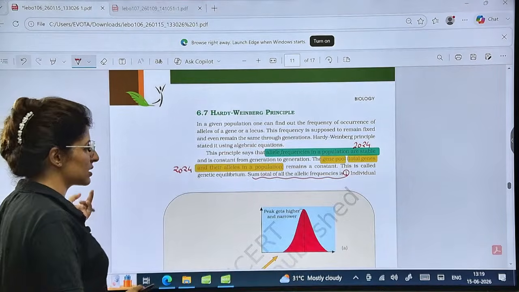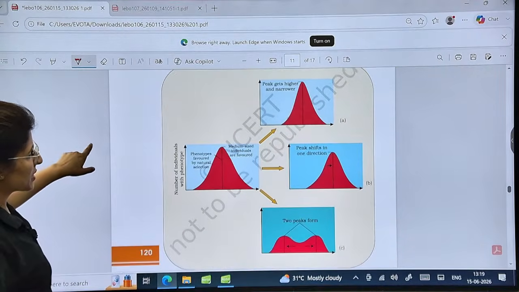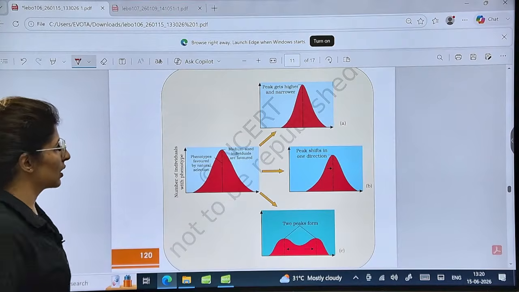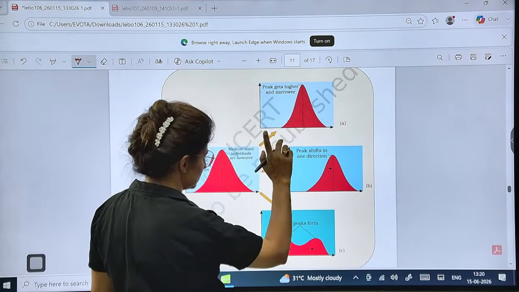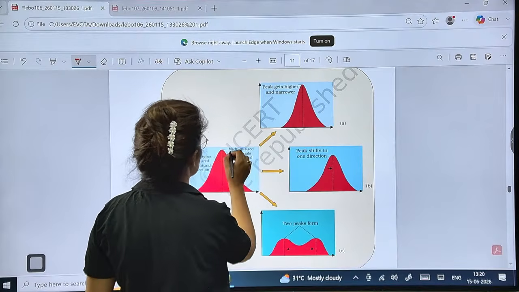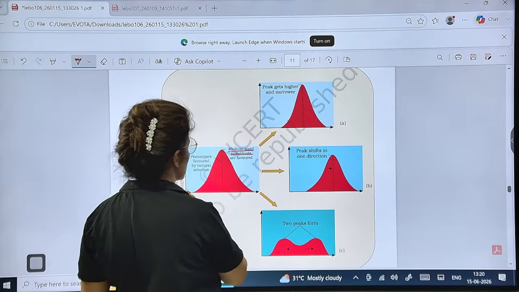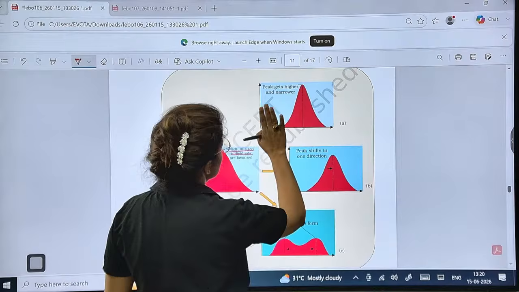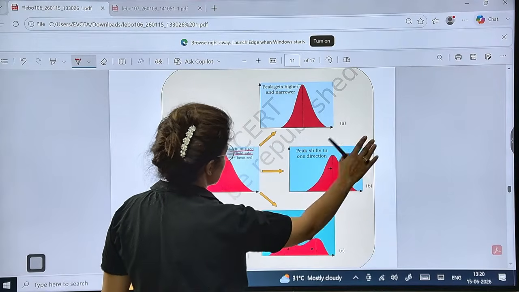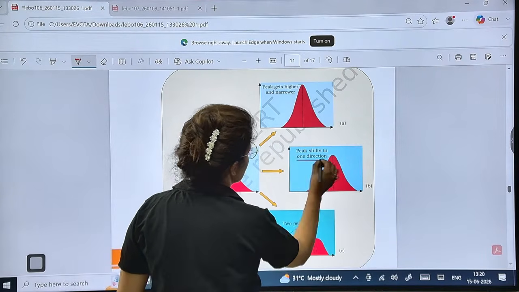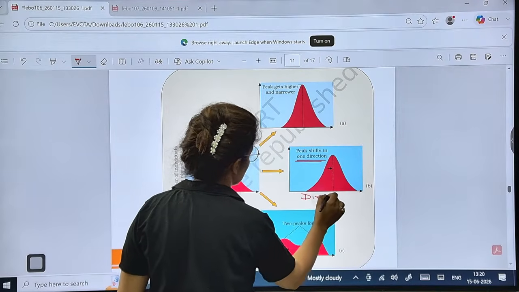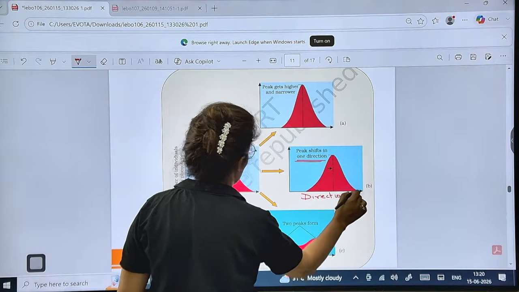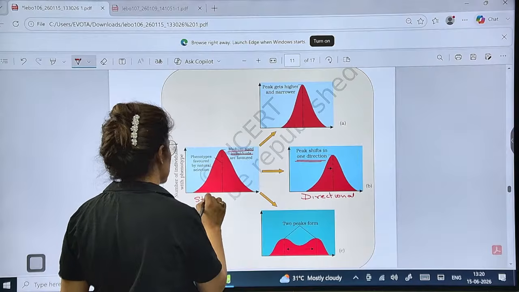1 means constant. So see, this graph represents different types of natural selection. When the peak gets higher and narrower only in the center, that is when medium-sized individuals are favored. When the peak gets higher and narrower towards one side, this side or this side, this indicates directional type of natural selection, while this is normalizing or stabilizing.